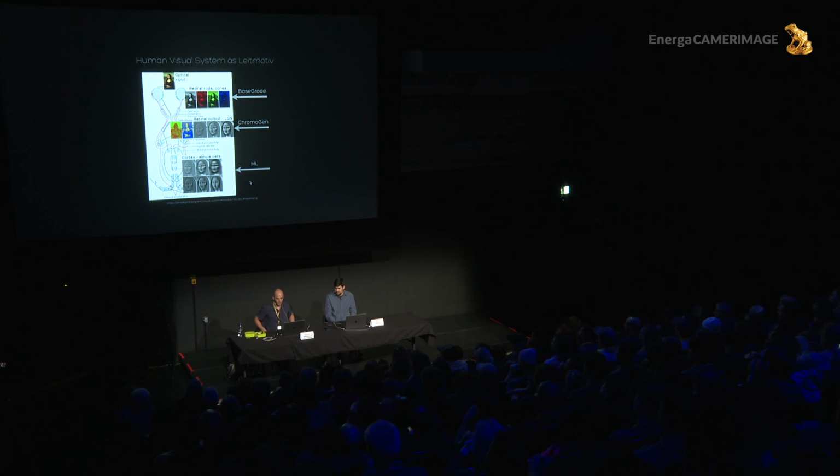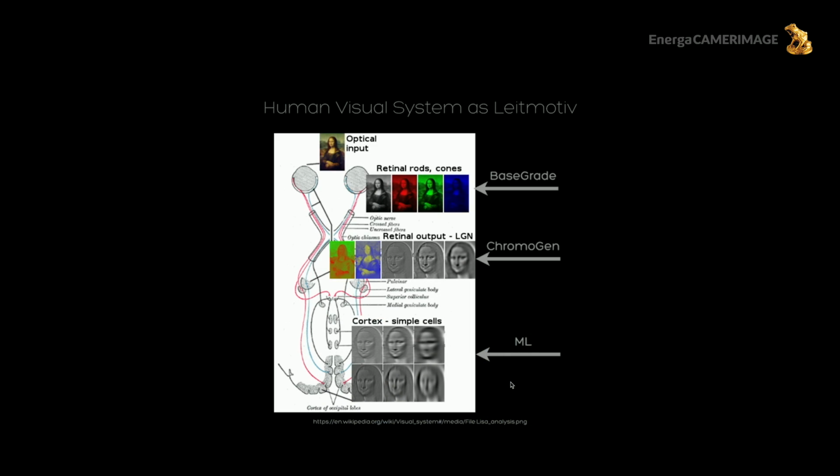About the leitmotif, we stick to the human visual system, because in our sense that is a logical consequence of what we've been doing within Baselight for many years. We have our primary grading tool, which works in an abstract cone representation that's basically simulating the energy that goes into our eyes.